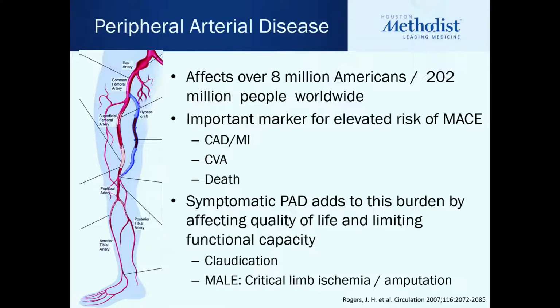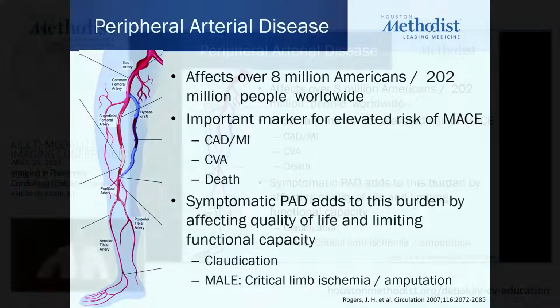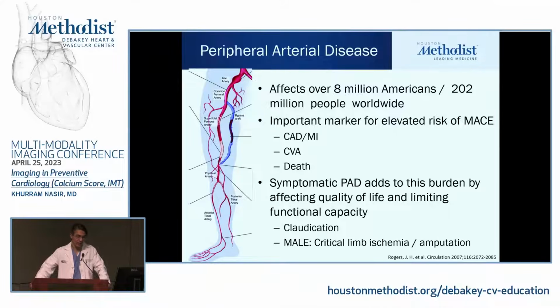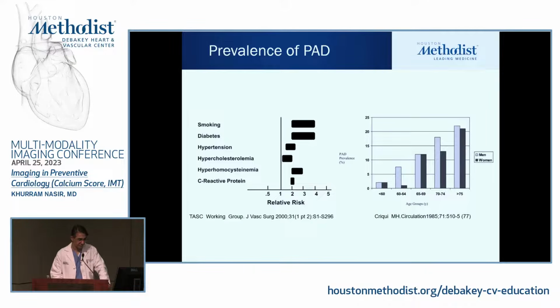But in addition to that, peripheral arterial disease also affects quality of life for patients by limiting their functional capacity, both with the onset of symptoms with claudication and also major adverse limb events, such as critical limb ischemia that can lead to amputations and things like that. So this is a common disease that we will see that has major effects for the cardiovascular system.